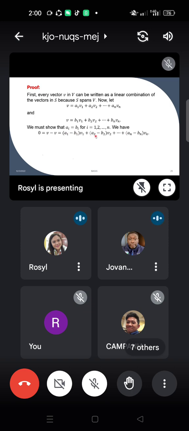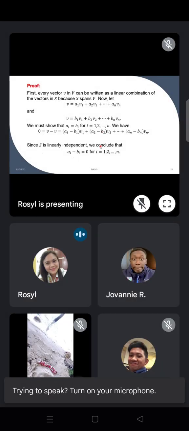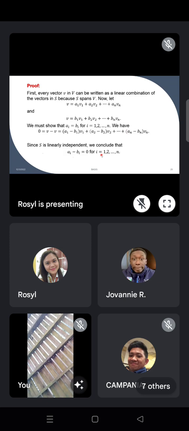That is the same also as A sub 2 minus B2, and when you subtract all the way to An times Bn, then minus Bn times Bn, you factor that. And since S is linearly independent, all of them must be equal, A sub 1 minus B sub 1, then A sub 2 minus B sub 2 are all equal to 0.